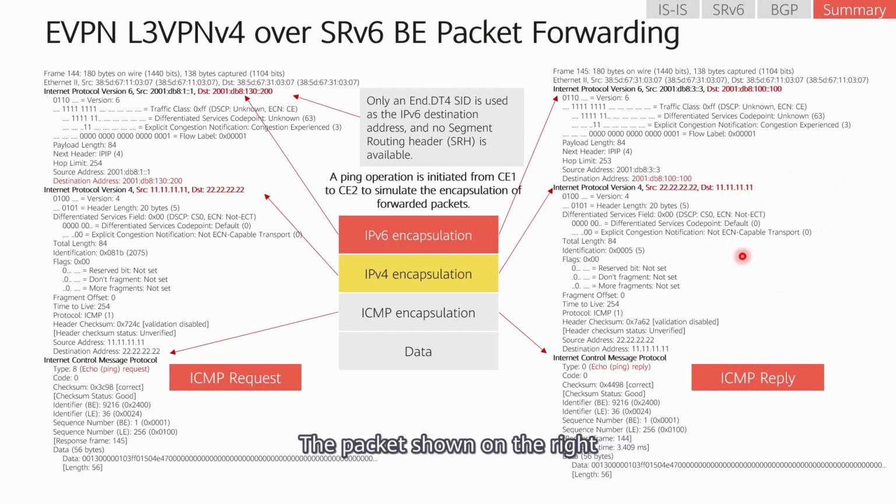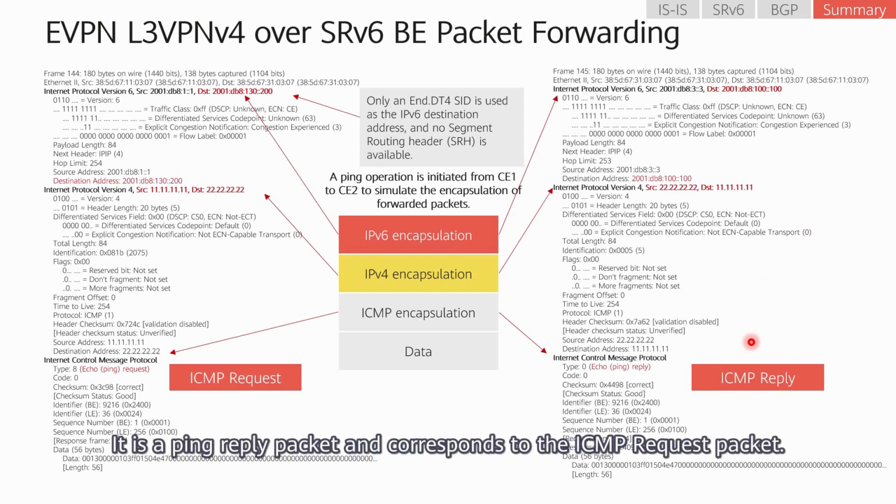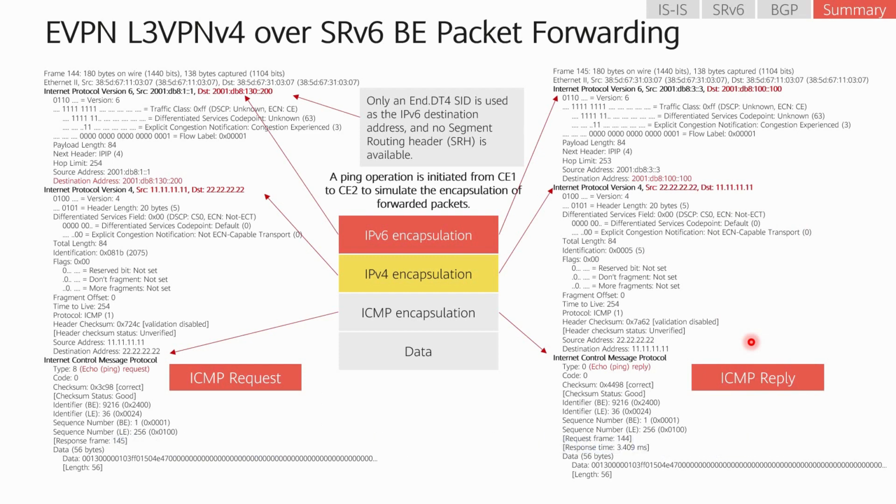The packet shown on the right is an ICMP reply packet sent from C2 to C1. It is a ping reply packet and corresponds to the ICMP request packet. In response to the ICMP request packet, C2 generates an ICMP reply packet and performs common IPv4 encapsulation for it.